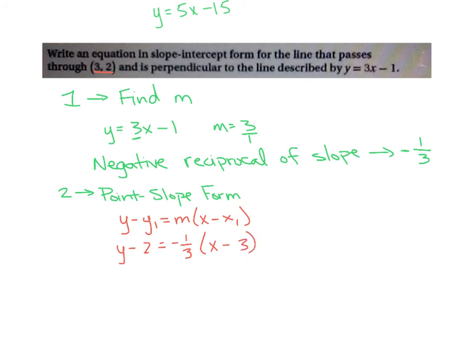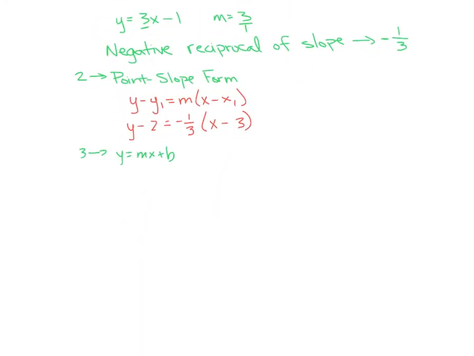And then step 3, just like before, is putting it into the form of y equals mx plus b. So we take y minus 2 equals negative 1/3 times the quantity x minus 3, and we do the distributive property, and we get negative 1/3 x plus 1, okay?